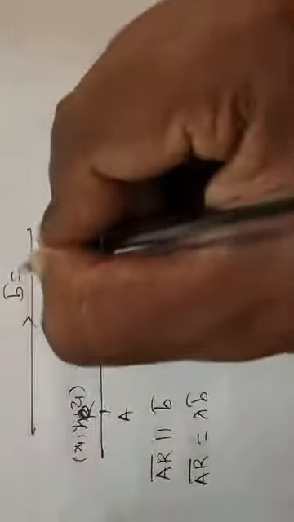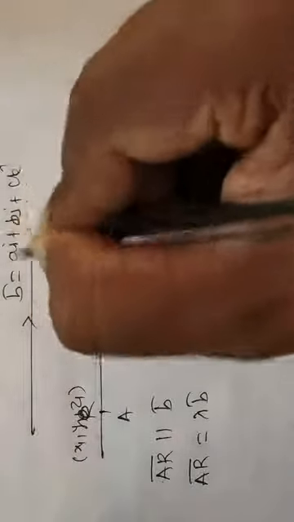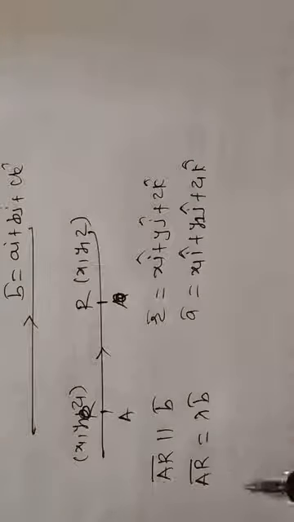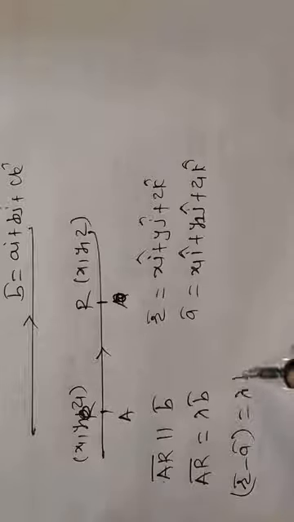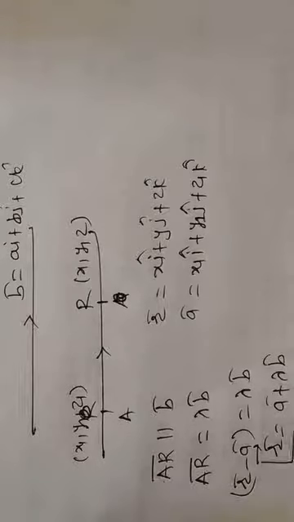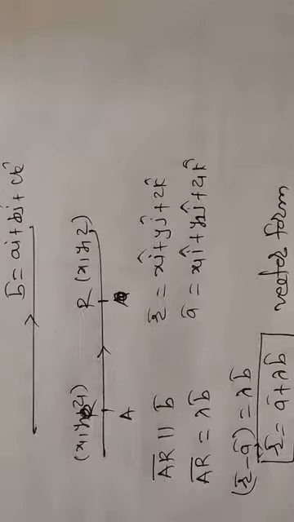And B is a i plus b j plus c k, the parallel vector. Then AR bar, that is R bar minus A bar, is equal to lambda B bar. Shifting A bar to the other side, R bar is equal to A bar plus lambda B bar. This is the equation of the line in vector form.